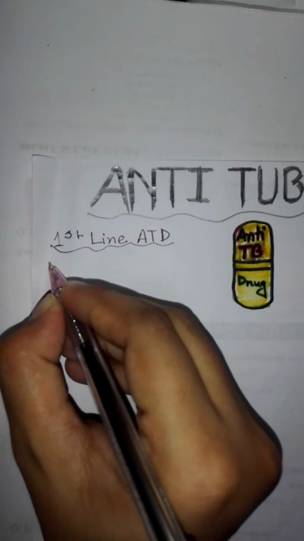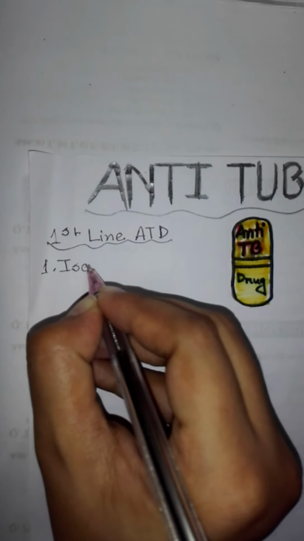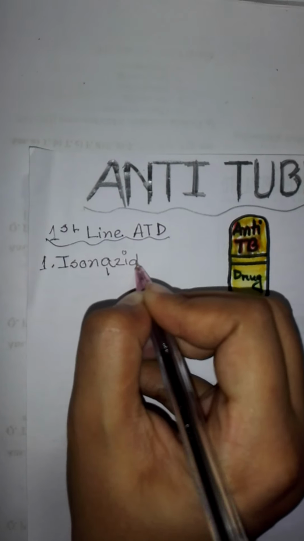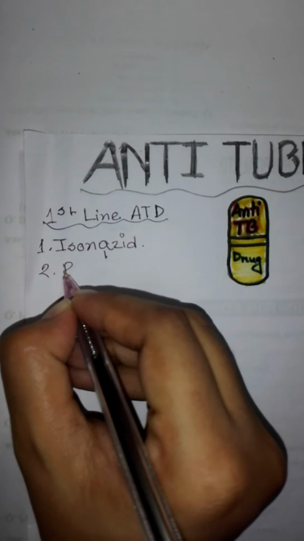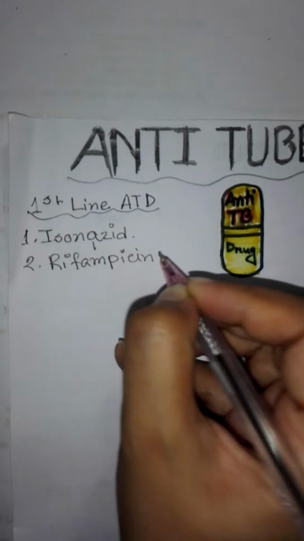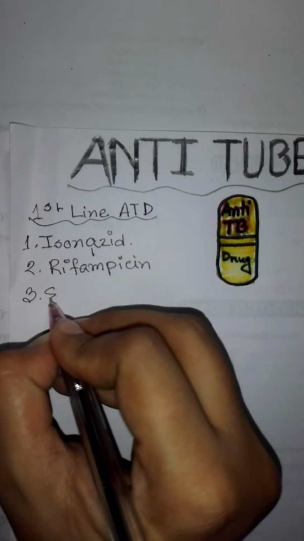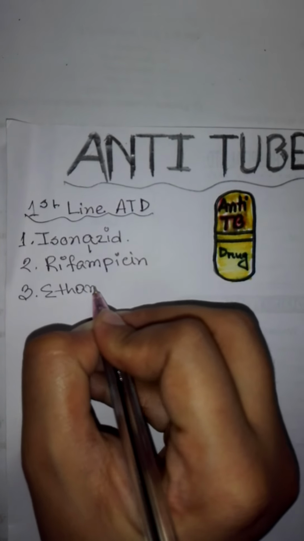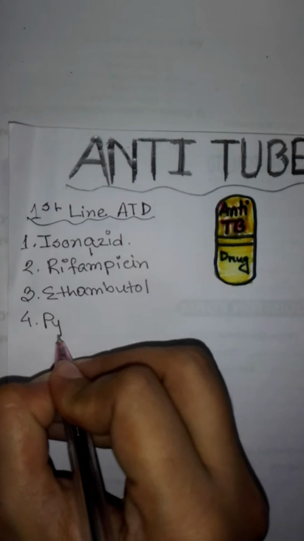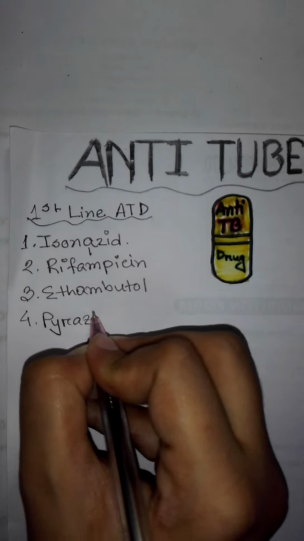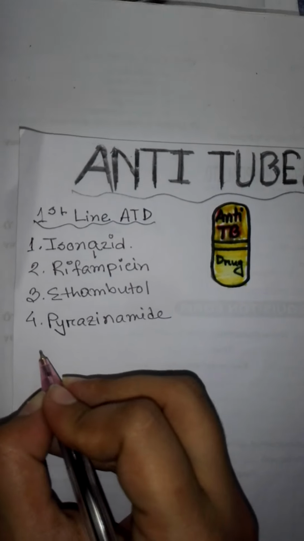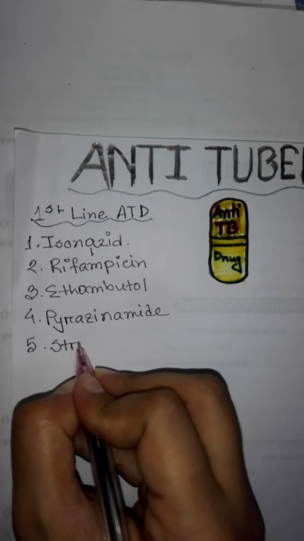First line anti-tubercular drugs are I for isoniazid, rifampicin, ethambutol, pyrazinamide, streptomycin.